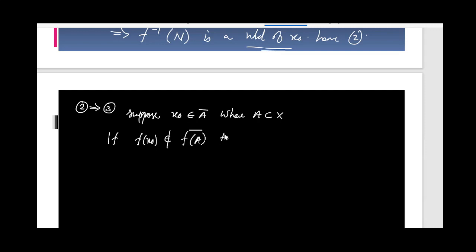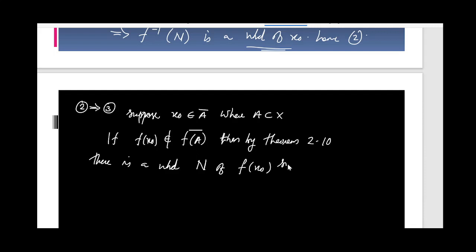Then by theorem 2.10, there should exist at least one neighborhood of f of x naught which cannot have intersection with f of A. There is a neighborhood N of f of x naught such that f of A intersection with N is empty.